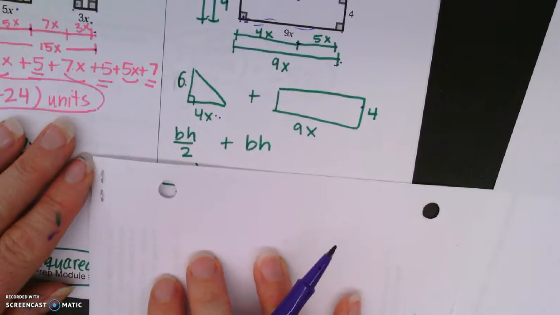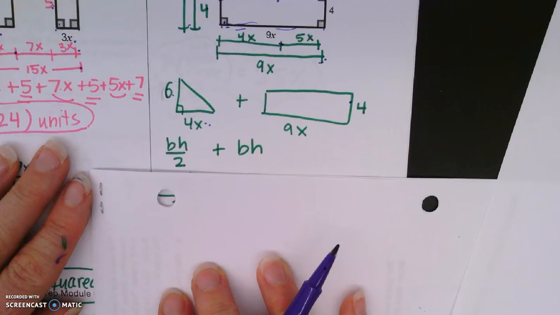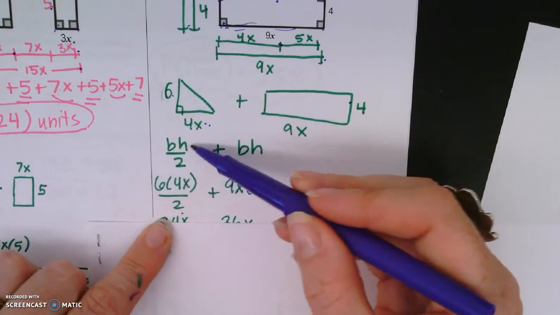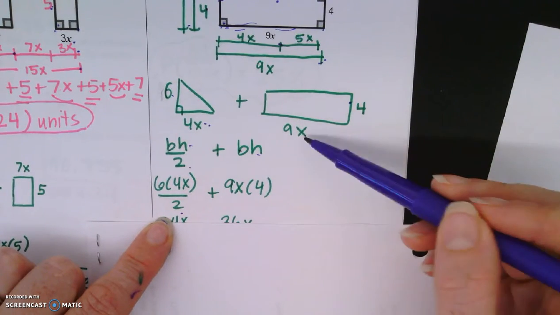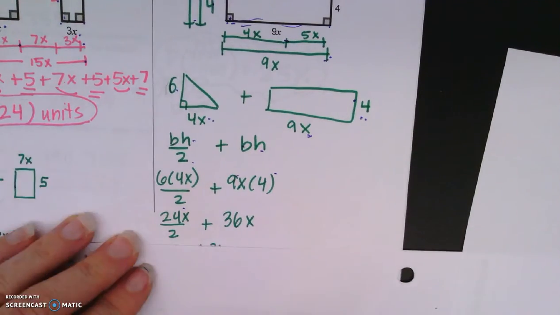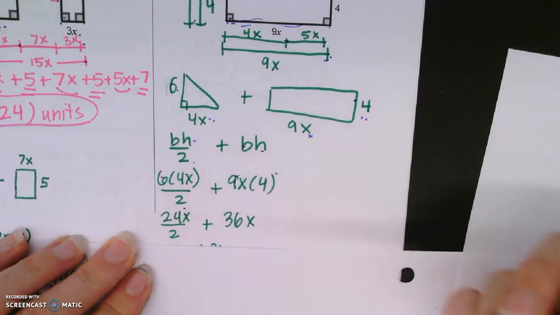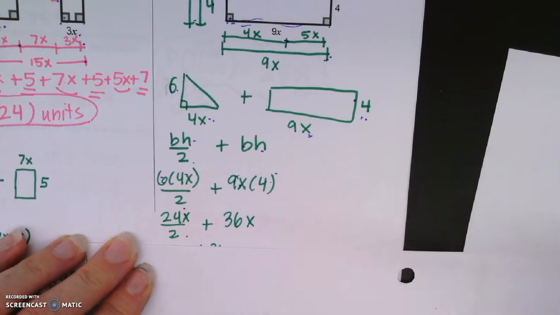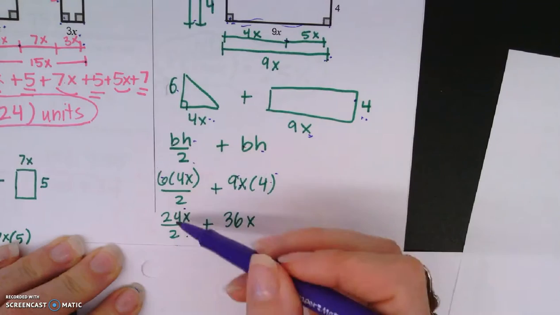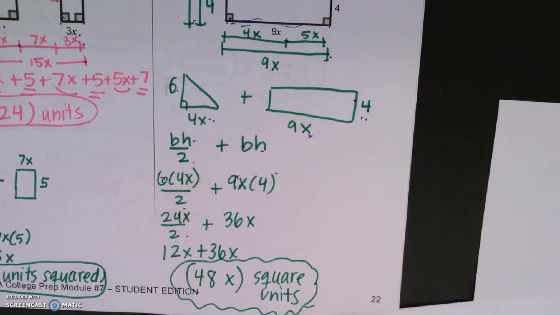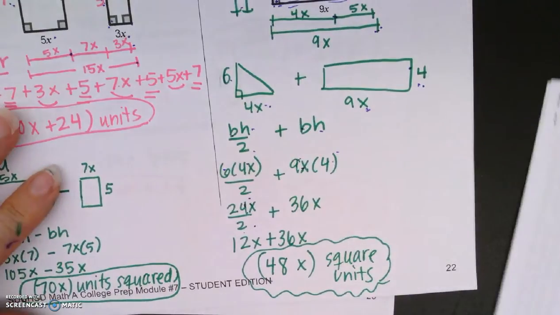So then when I used my expressions for the area of a triangle, 6 times 4x divided by 2, base times height divided by 2, and base times height for my rectangle is 9x times 4. From there, 6 times 4x is 24x, still divided by 2, and 9x times 4 is 36x. Half of 24x is 12x, and when I add those together, I get my final answer of 48x square units.